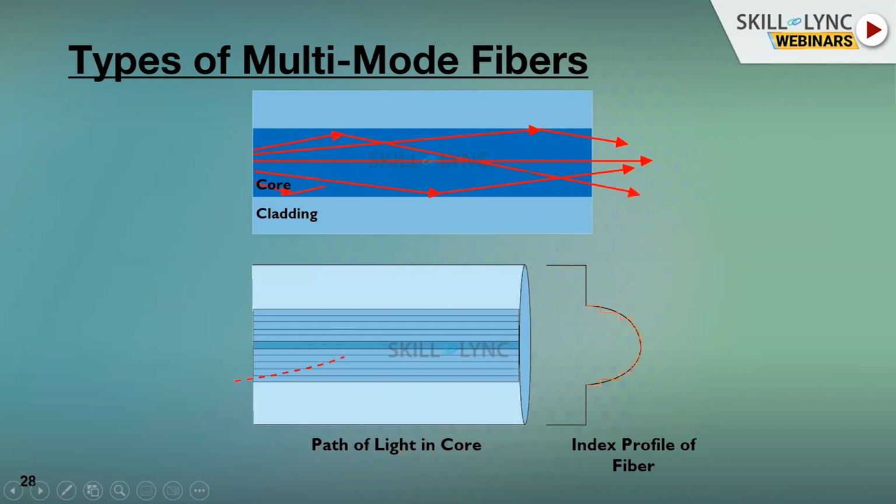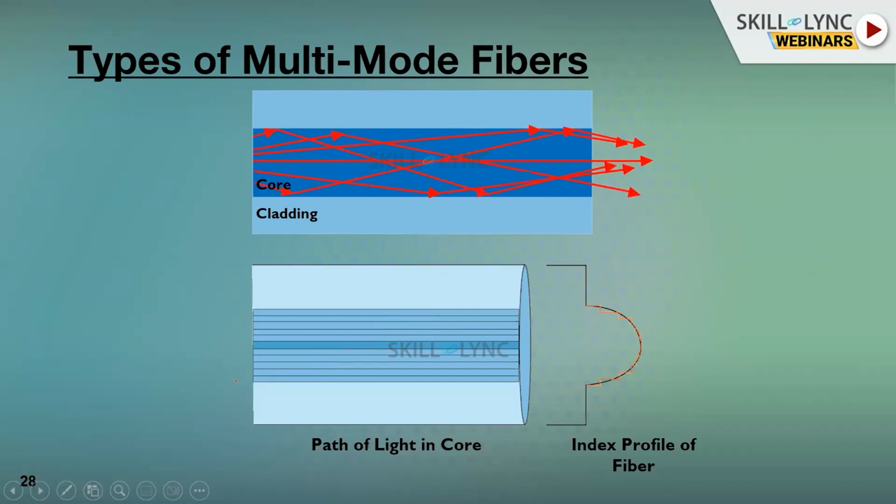So let's see the path of light over here. If you see the difference between core and cladding, it is made up of many types of materials. That's why the light can go in a certain set of angles, and so the index profile of the fiber changes.